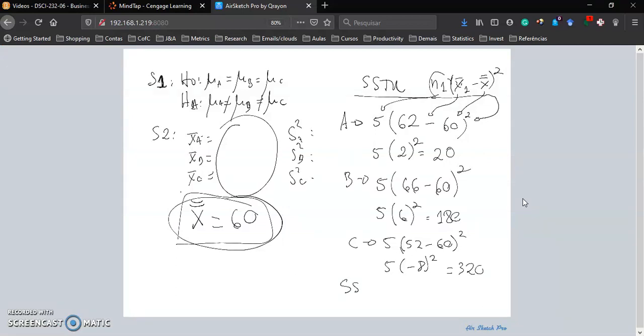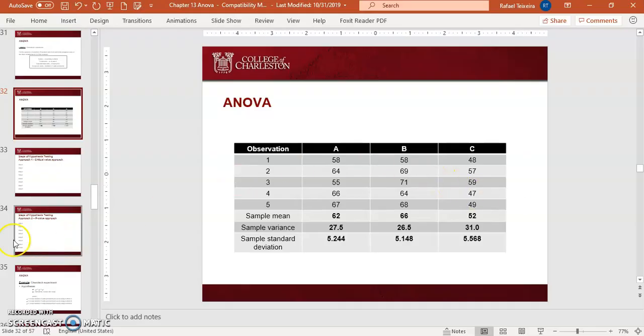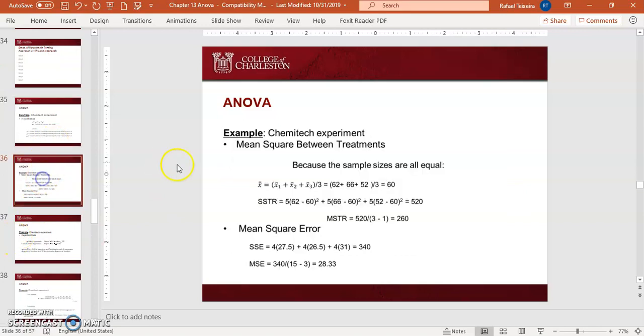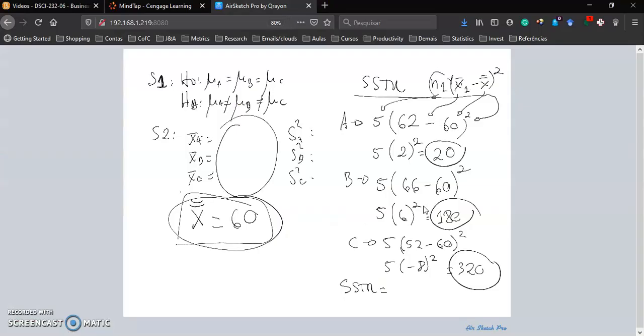So the sum of squares due to treatment is the sum of this number and this number, the same thing we have on these slides, which is 520.